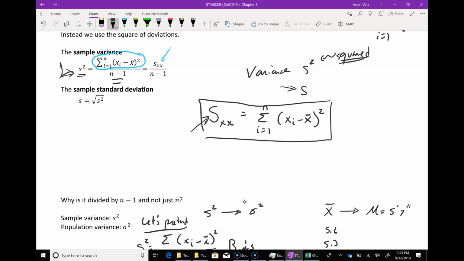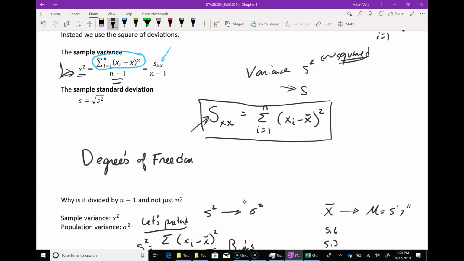Now, some people will relate it back to something they call degrees of freedom. And I've never quite understood this argument. But the basic argument goes like this.